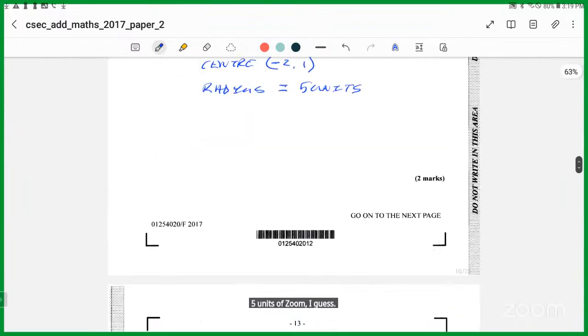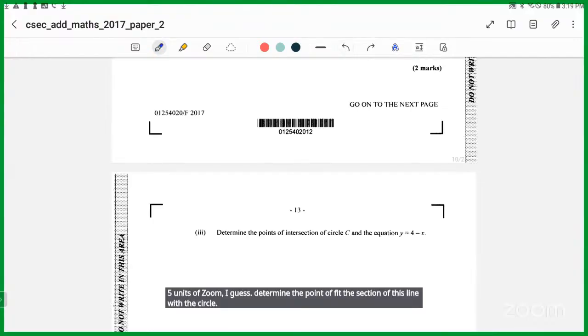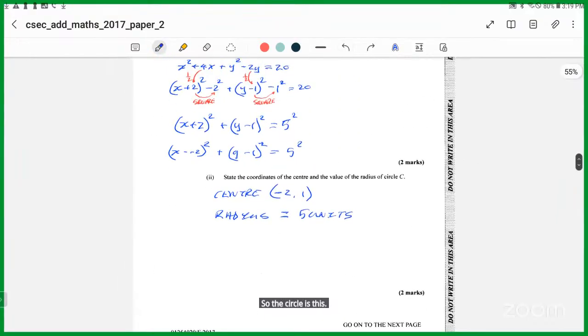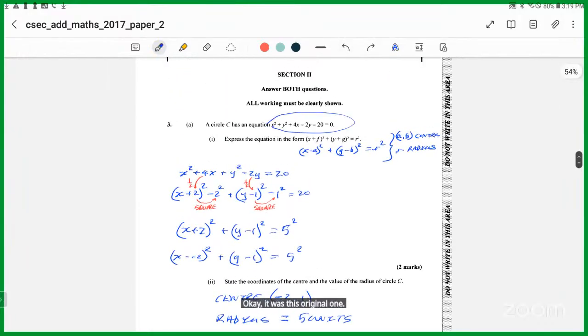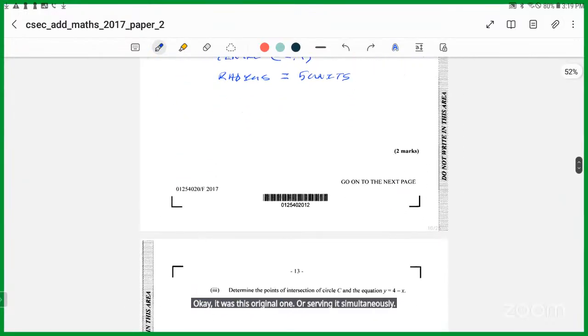Next, I want a tangent. So determine the point of intersection of this line with the circle. The circle is this equation, or we can use this original one, solving it simultaneously with this line down here.